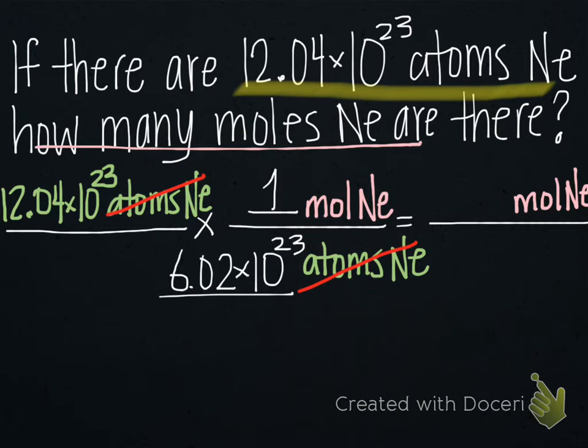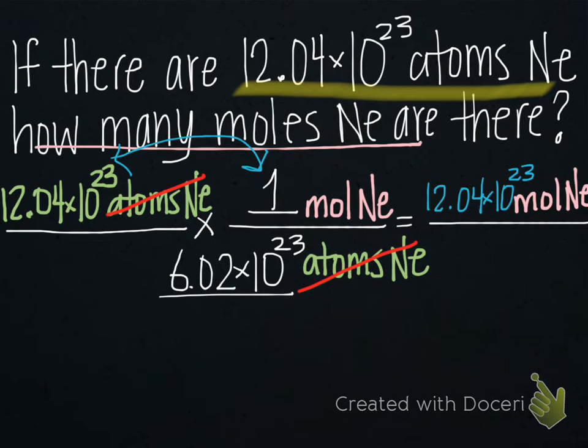Okay, so now let's do the math. Now the math might look a little bit hard because of these big numbers, but it's really not. So you take everything on top and you multiply them. Anytime you multiply by 1, it's the same number. So I am going to write 12.04 times 10 to the 23rd.